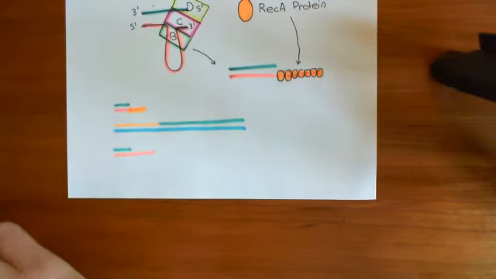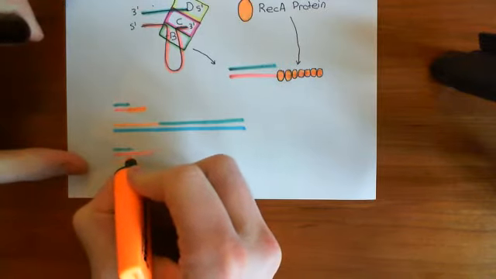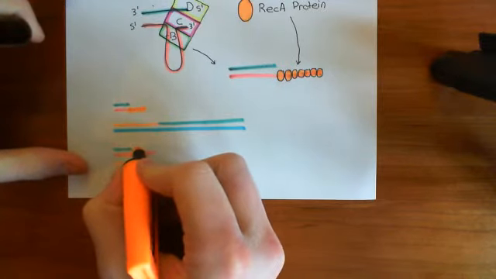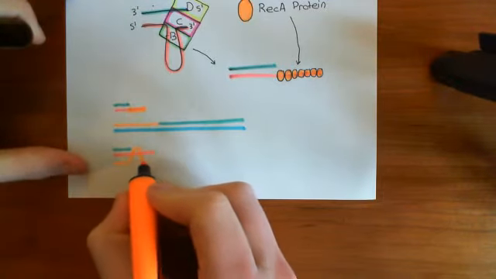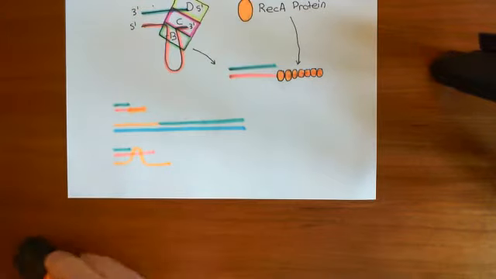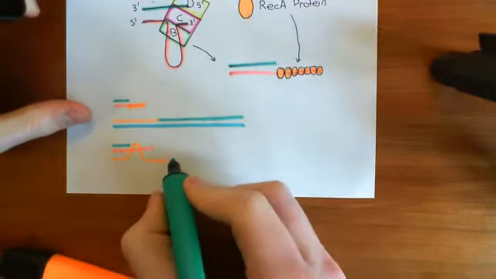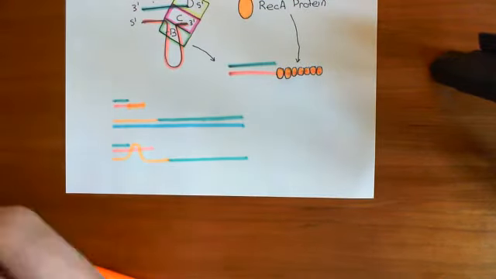Now what we're going to start off with is we're going to move our orange fragment out like so, and we're going to have a little portion that is now attached to the red strand, but then the rest is going to be attached to the blue strand. So we have now detached our orange strand a little bit.